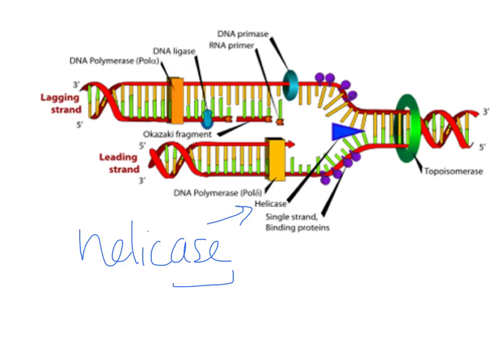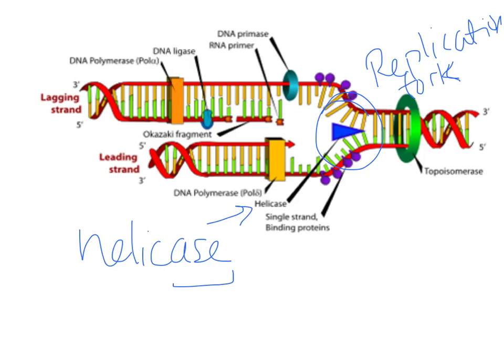And so this is where you're going to get all of these origins of replication and these replication forks. Right here, where it has broken the bond, that's what's called a replication fork. And so the helicase enzyme is going to help create those by opening up the DNA.